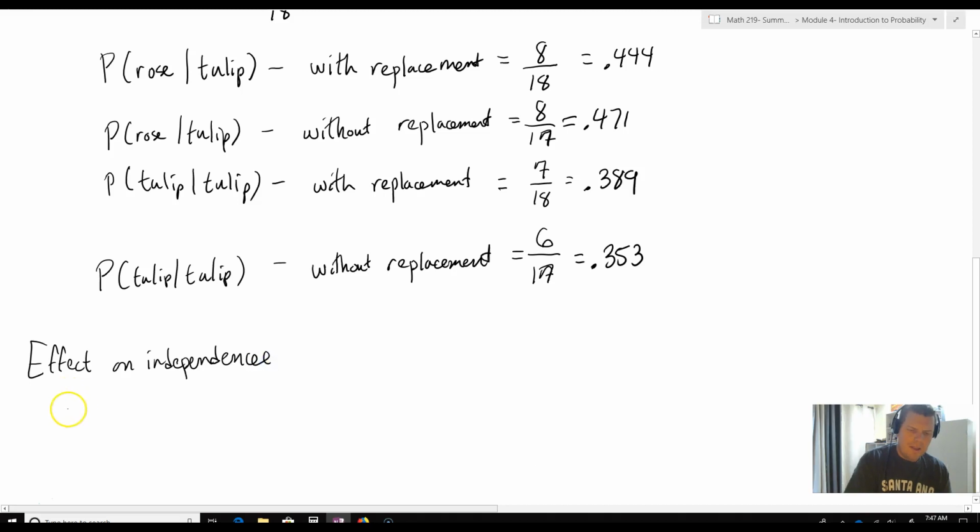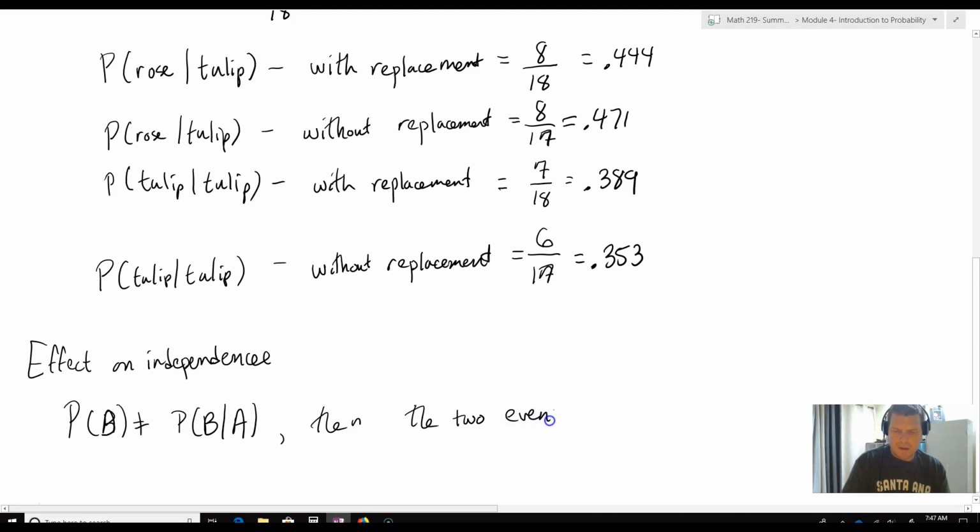Remember that if the probability of B does not equal the probability of B given A, okay, then the two events are dependent.